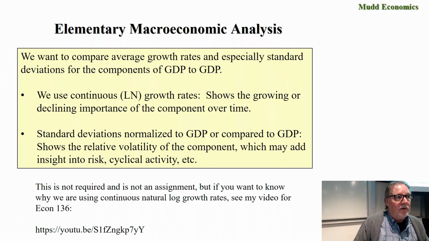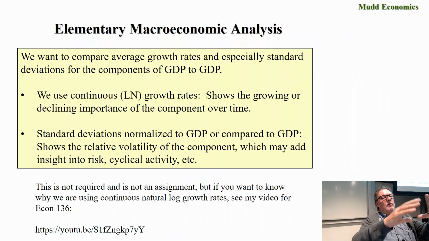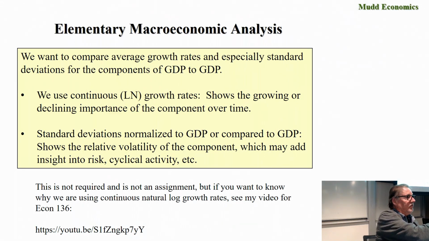So here's what we're going to do after we have looked at the raw data. This is about a week from now. We want to compare the average growth rates and standard deviations of the growth rates for the components of GDP to GDP itself. Now, you're saying, what does that mean? When we break gross domestic product down into its components, as we're going to do on Thursday, we'll have consumption, investment, categories of consumption, service spending, and stuff like that.